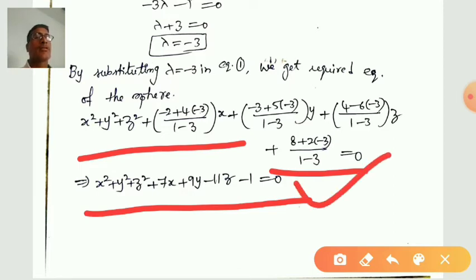This is the required equation of the sphere, obtained by the given conditions. So here it is given that a sphere is passing through the intersection of two spheres, and also the center of the sphere lies on a plane. By applying these two conditions, we have obtained the required equation of the sphere.